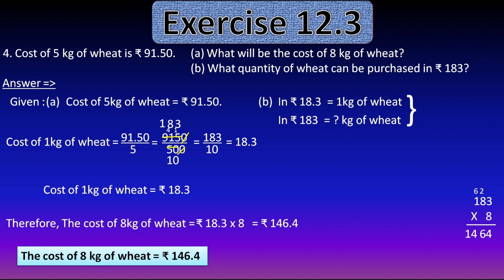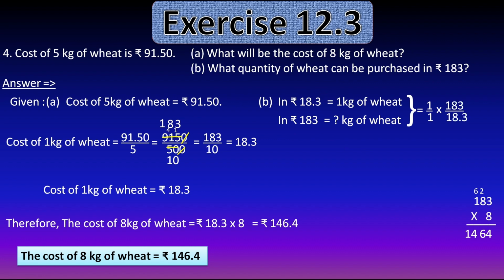Okay, so this becomes 1 upon 1. Now we have to put a multiplication sign and this is also one part, just as I told you, but here we have to do it in reverse, like this second part should be written up in the numerator and the above part we have to write in the denominator. That means 183 upon 18.3 this way.